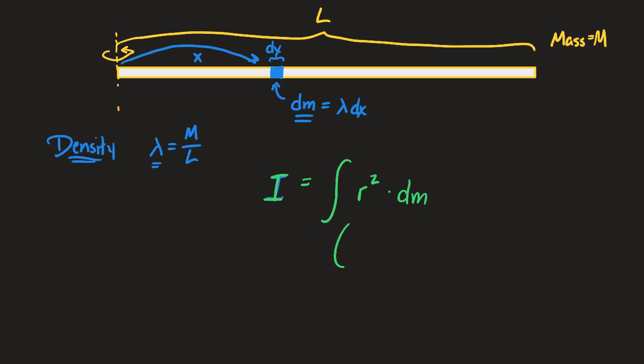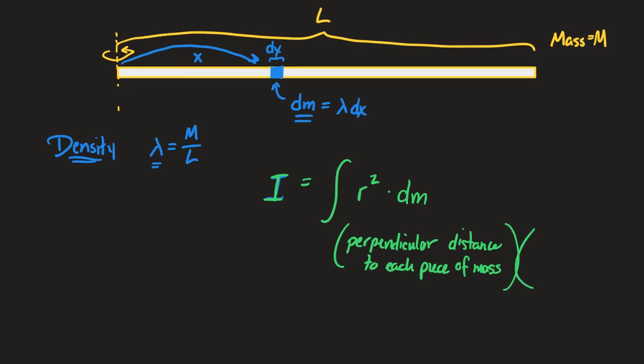R squared is the perpendicular distance to each piece of mass. And dm is the mass of each piece.